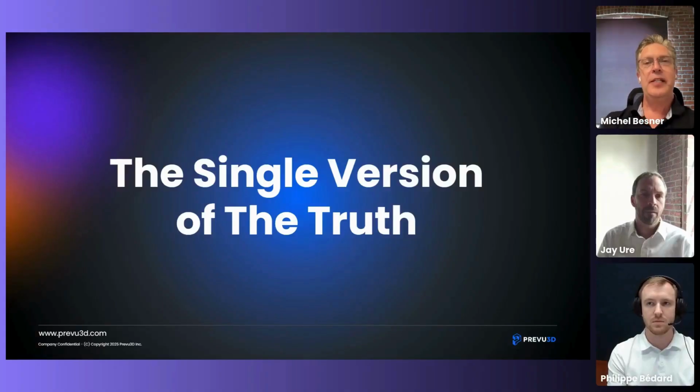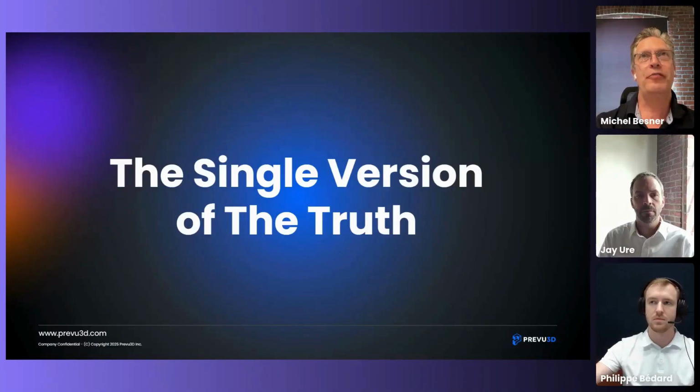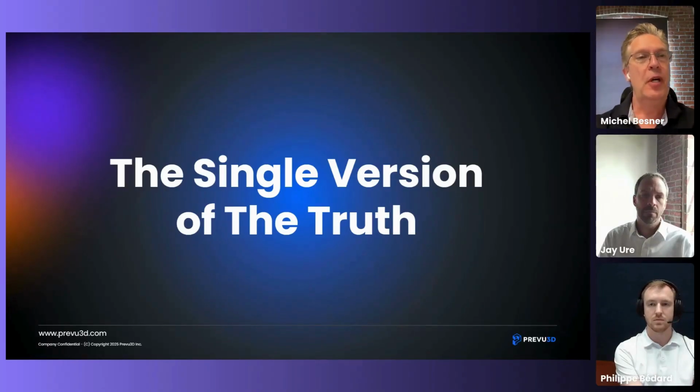Okay, so key aspect, when you think of a visual twin, especially from a maintenance operation perspective, it's really about how do you manage a single version of the truth. You can't have two visual representations of your existing as-built environment. There's only one version of it that exists, and you want to work with that version as closely as possible. And, of course, we believe that it starts with 3D scanning, reality capture. Next slide.